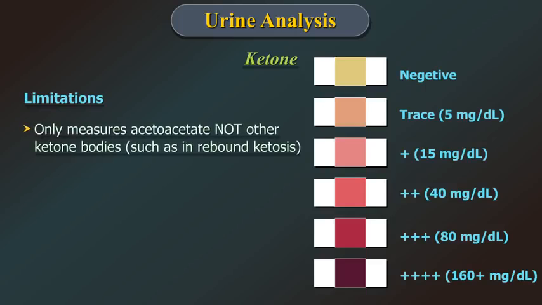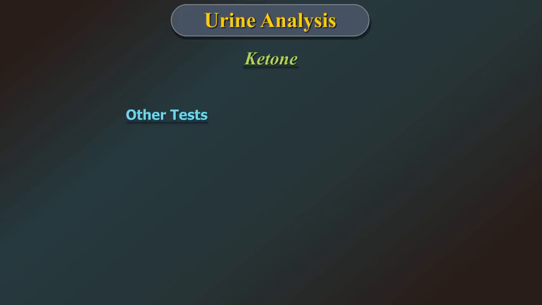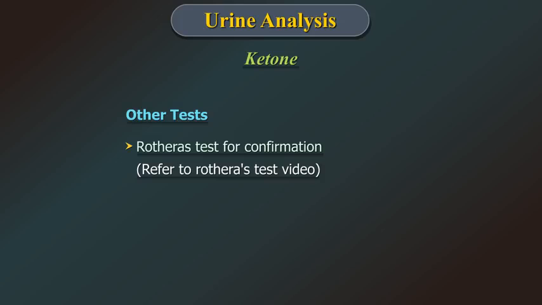Limitations are it only measures acetoacetate, not the other ketone bodies. High specific gravity and low pH urines may give false positivity. Other tests include Rothera's test for confirmation and serum glucose measurement to confirm diabetic ketoacidosis.